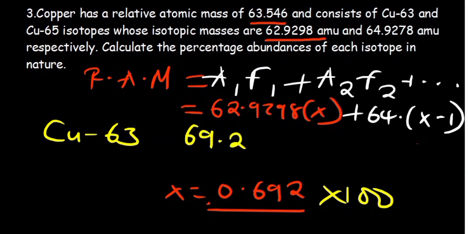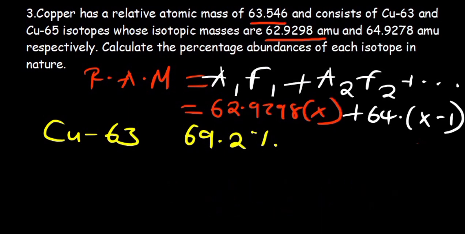Okay. So 69.2%. Then the other one is going to be 100 minus that. So what are you getting there? 69.2 subtract from 100. 100 minus 69.2.